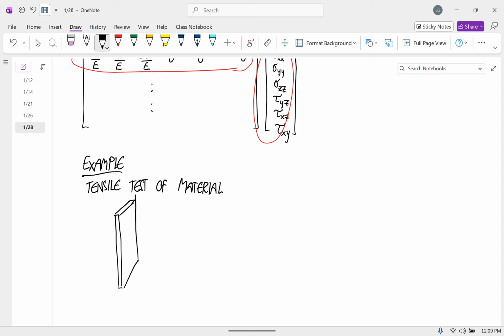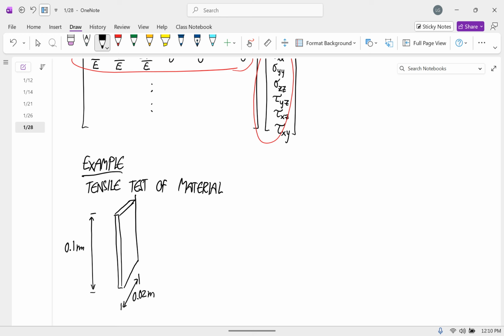We have a length this way of 0.1 meters, which is 10 centimeters. We have a width this way of 0.02, so 2 centimeters.